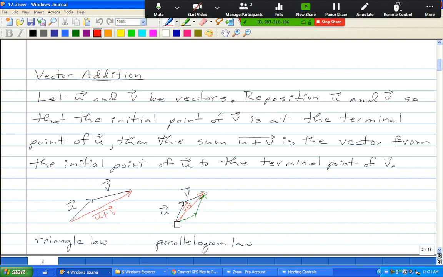Then if I take the vector starting with the initial point the same as the initial points of u and v, and the terminal point the same as the terminal points of these repositioned u and v, then this vector is the vector u plus v. That's called the parallelogram law. You can do either way. You can think of the sum as either way. That gives you a concept of the sum of two vectors.